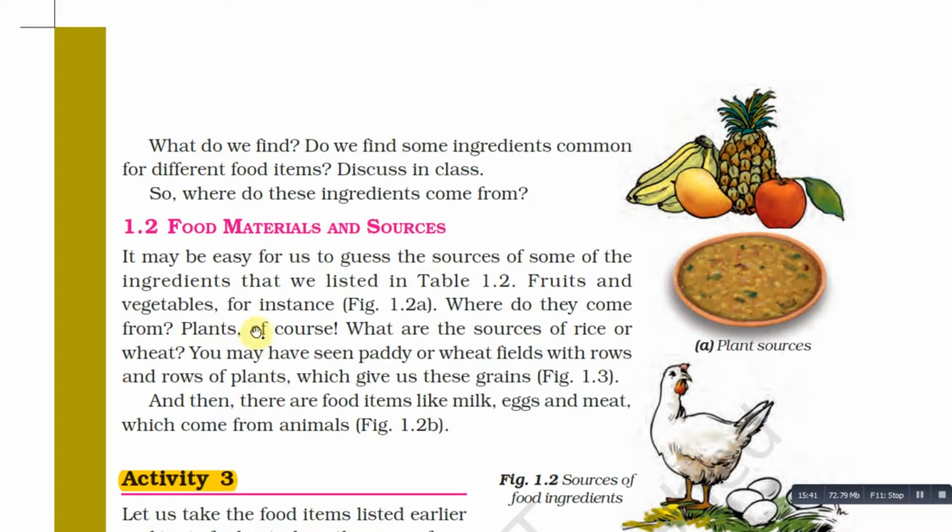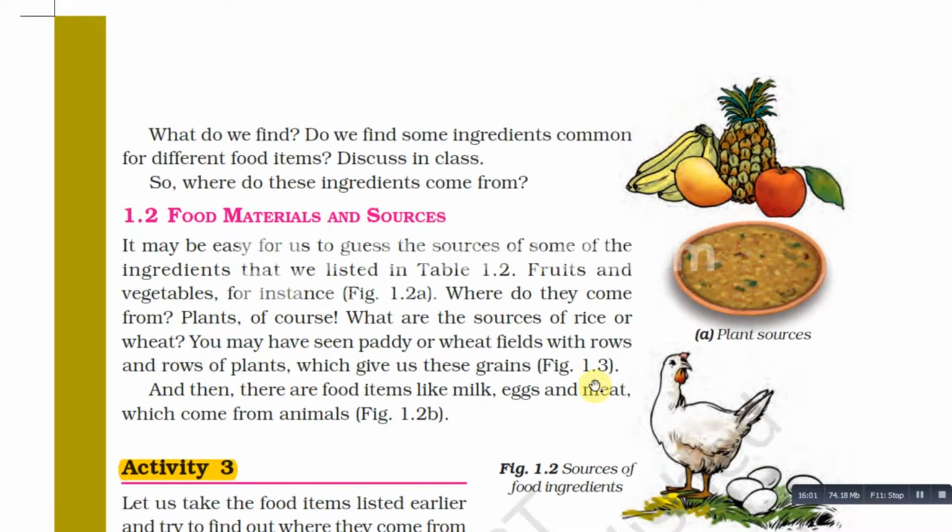Fruits and vegetables, for instance, where do they come from? Of course, from plants. What are the sources of rice or wheat? They are also coming from plants. You may have seen paddy or wheat fields with rows and rows of plants, which give us these grains. Figure 1.3 is showing that.